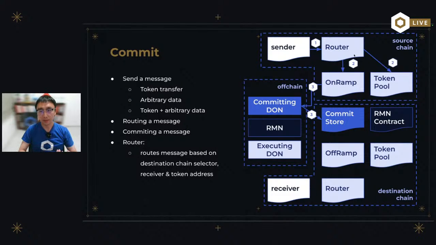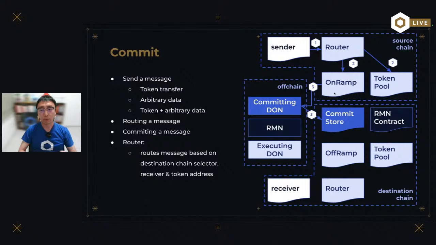And then the router will maybe lock a token in the token pool or do some other transactions and then send all the information to the on-ramp smart contract. As this message arrives at the on-ramp smart contract, it will be emitted as an event.